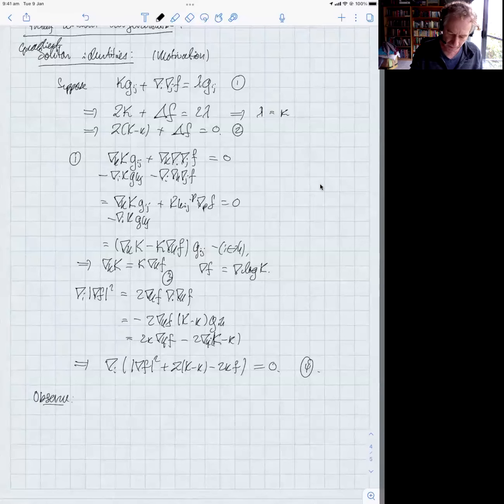I can always solve equation 2. So I can solve equation 2 for f. Why is that? Well, it's just Laplacian f equals something. I can solve that. The Laplacian is just a self-adjoint operator on a compact manifold here.